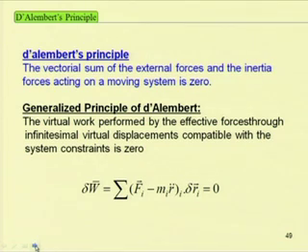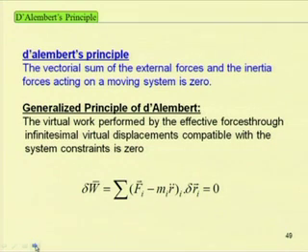Already we know about D'Alembert principle. It states that the vectorial sum of the external forces and inertia forces acting on a moving system is 0. One can use this to state the generalized principle of D'Alembert: the virtual work performed by effective forces through infinitesimal virtual displacement compatible with the system constraint is 0.